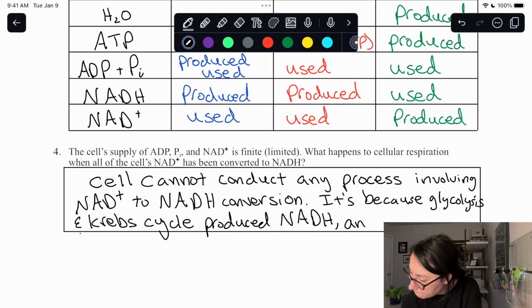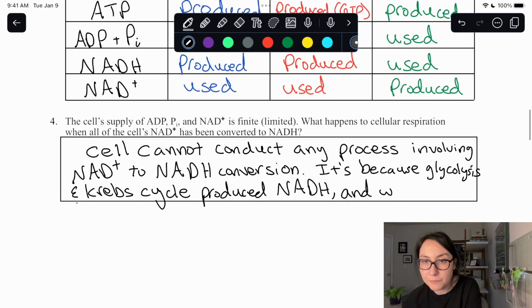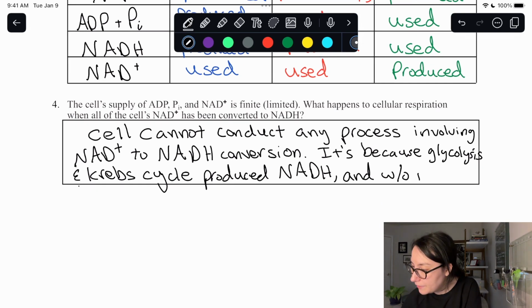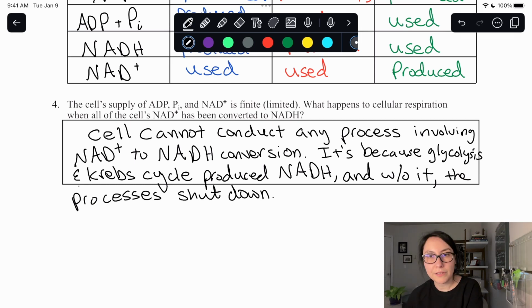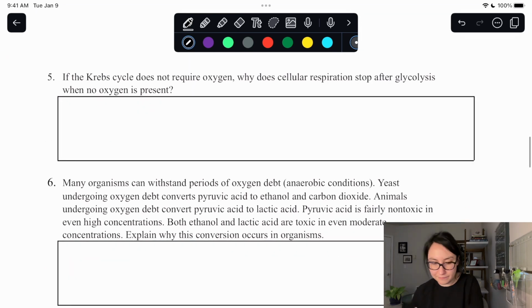And without it, so I'm going to basically move that up a little bit, and without it, the process is shut down. Sound good, everyone? All right, let's move on.